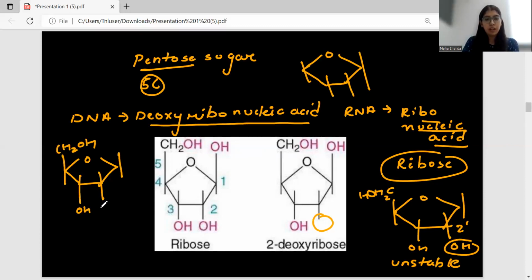DNA has hydrogen, and the hydroxyl group is not present here. The OH group is replaced by hydrogen. That's why its name is deoxyribonucleic acid, and RNA is ribonucleic acid. And this hydroxyl group makes RNA very, very unstable.